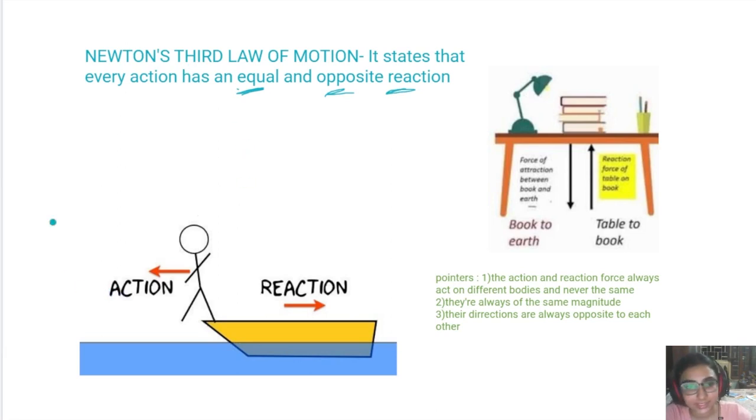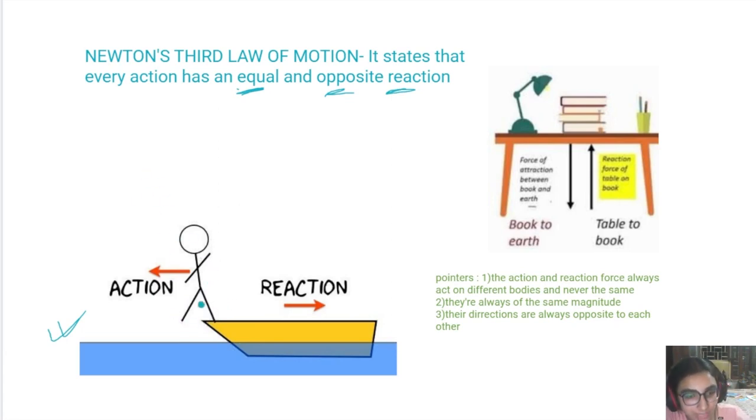So let's take this example. The man is basically on the edge of the boat and he's trying to jump. Okay, it's a funny thing, like why would you do it? But anyway, what is happening?